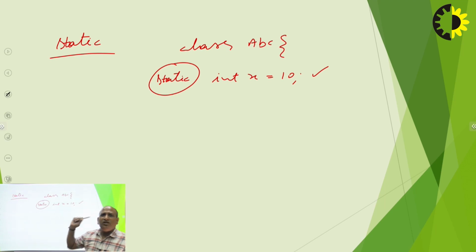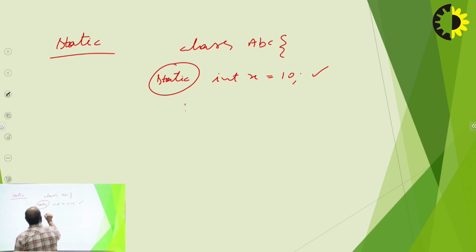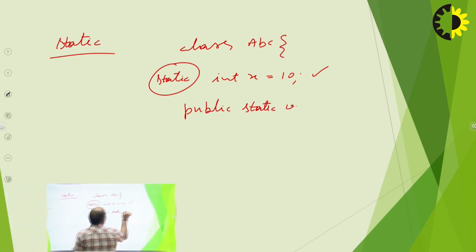It will be the property of the class itself, and for the member that you have made static, you need not create the object of that class to access that member. To access this static member, you can directly call it by the class name. Let's say I have created a main function over here, public static void main.